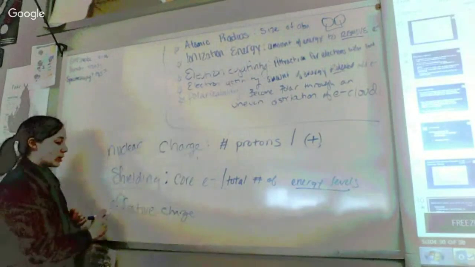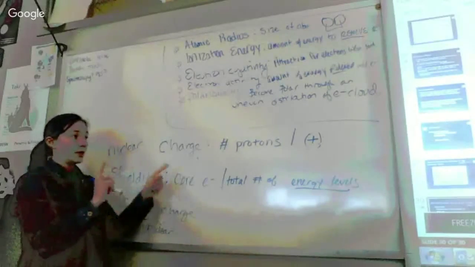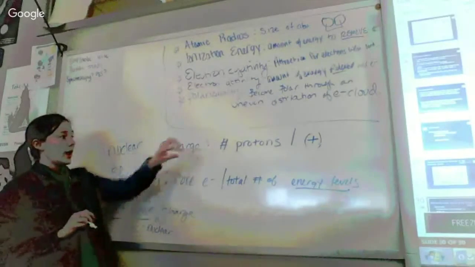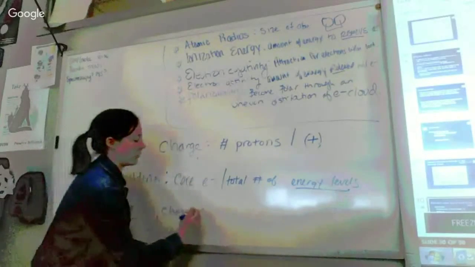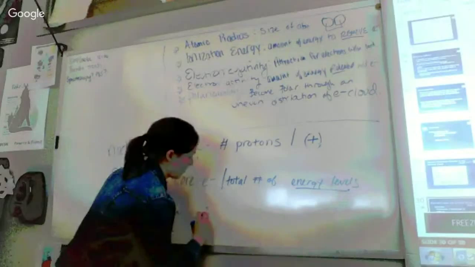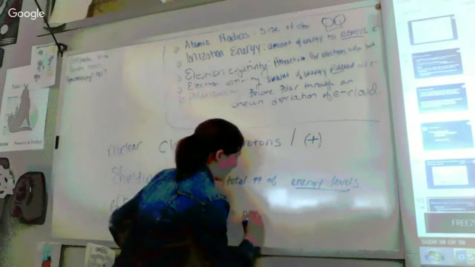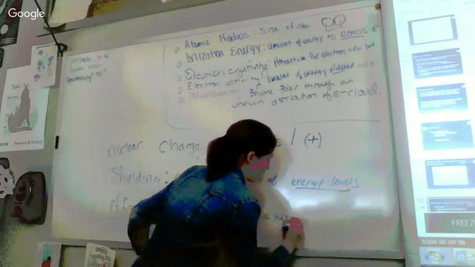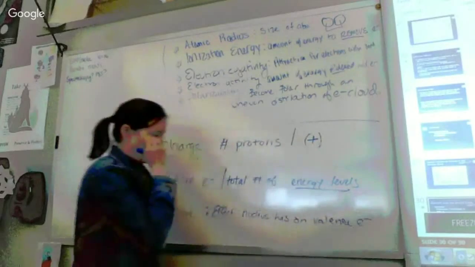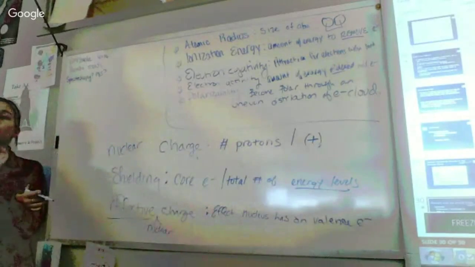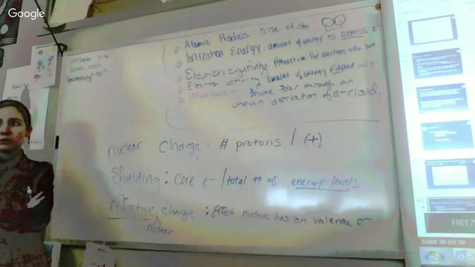Okay? And so we call that your effective, I left off the word nuclear, charge, which is going to be the combination of those two. How many protons do you have versus how many shields do you have? So it essentially tells you how that nucleus will affect those valence electrons.